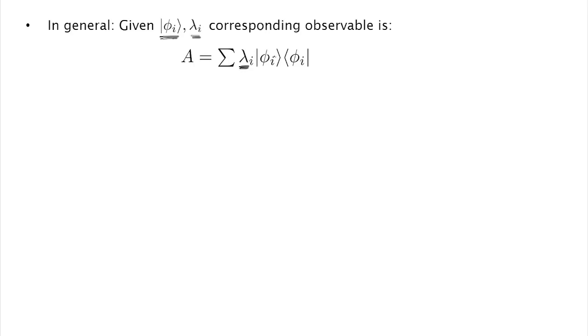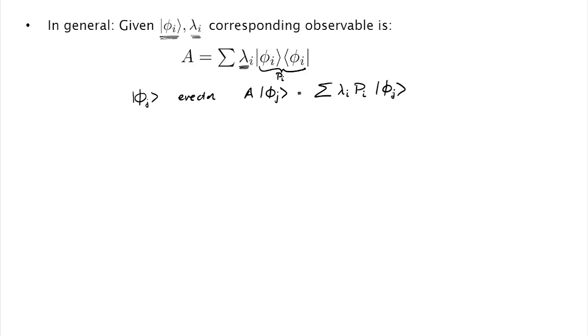Once again, to see this in one sentence, phi sub j is an eigenvector because when you look at A times phi sub j, it's a summation of lambda i times P sub i, the projection onto phi sub i.